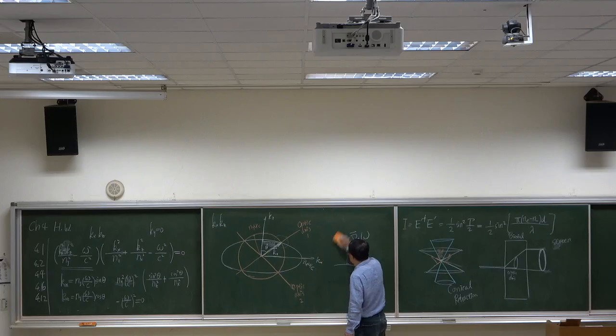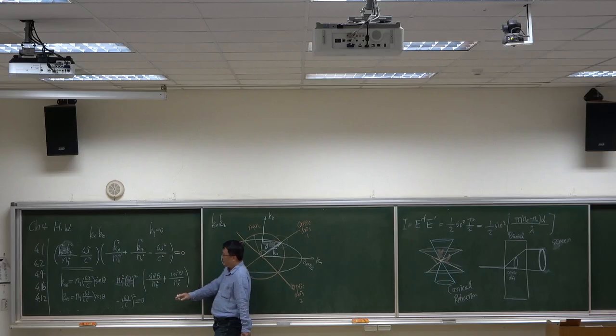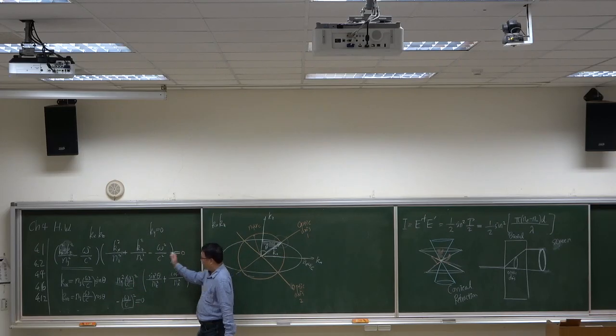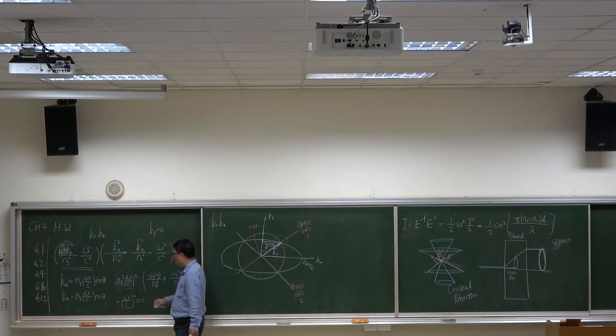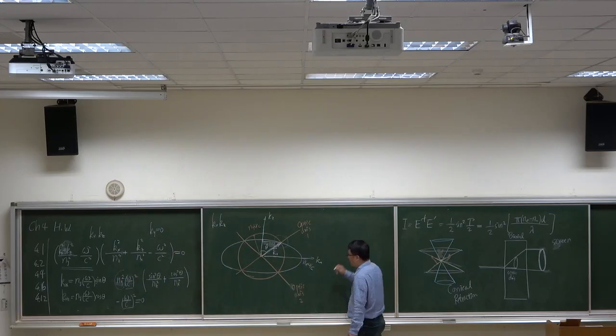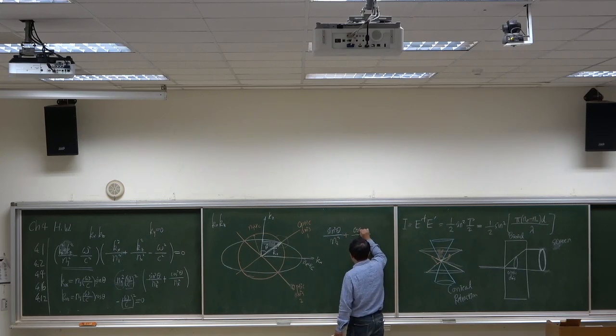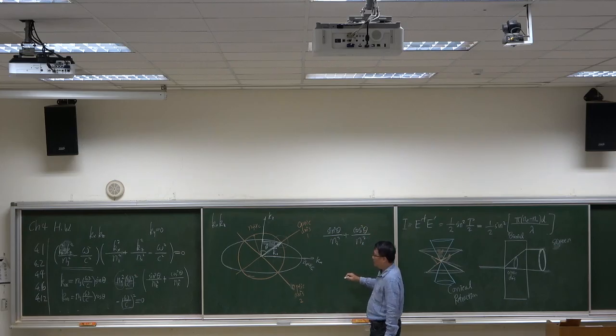So according to this result, we can cancel the same (omega over c) squared and divide this equation by ny squared. So we see that now we have sine squared theta over nz squared plus cosine squared theta over nx squared is equal to 1 over ny squared.